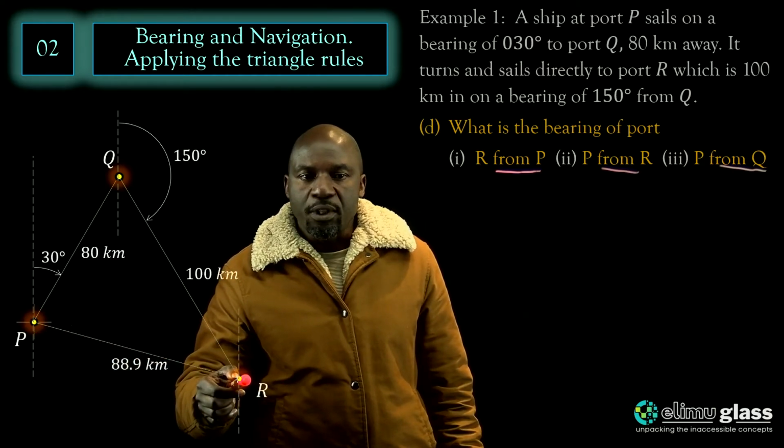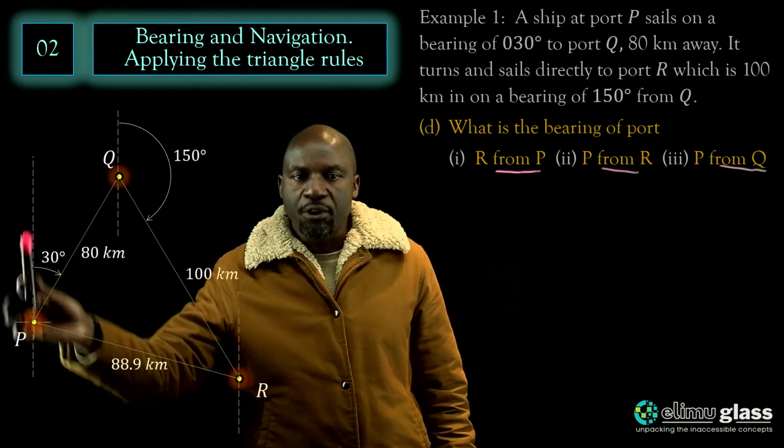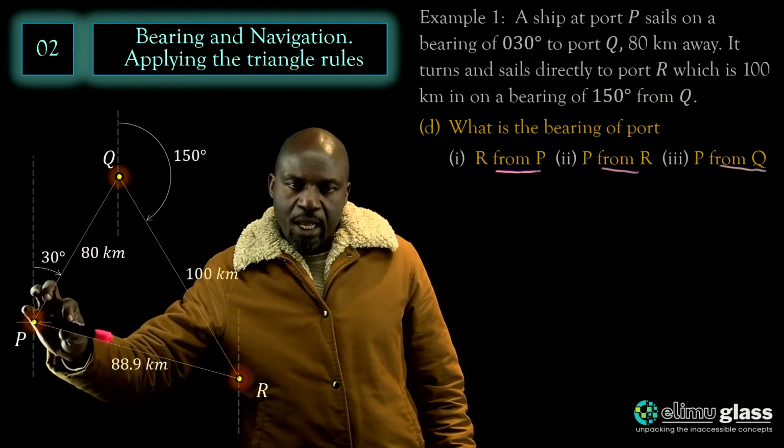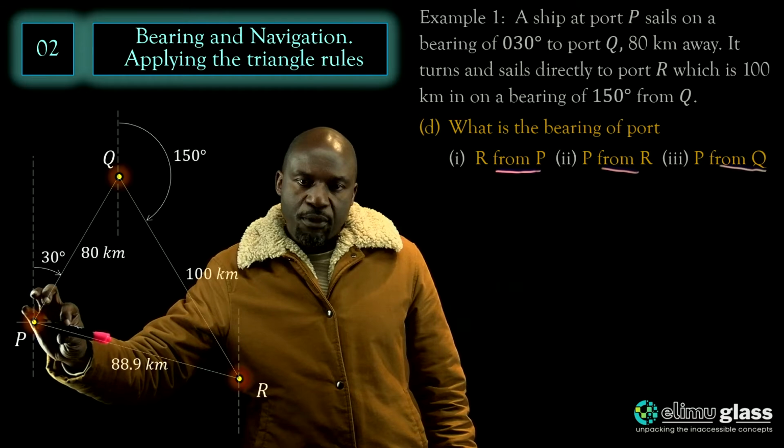What is the angle measured from? We are at P, so this is our true north at P. We want to know this angle here all the way up to that. That becomes the bearing of R from P.